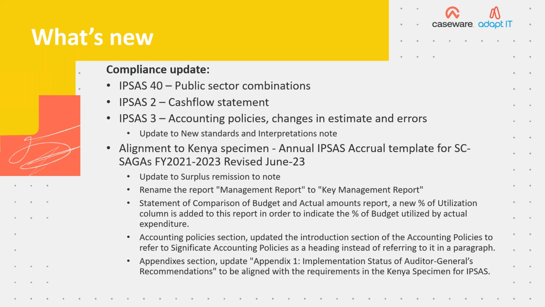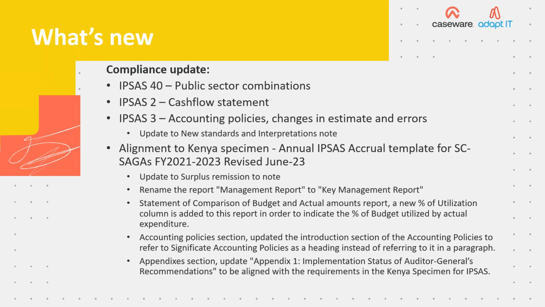But we just aligned our intro to accounting policies to refer rather to the significant accounting policies. Then we also updated the Appendix A1 implementation status of the Auditor General's recommendations. Some of these things you may not do in your country, but they are available for you to use. You can rename them or, if you don't want them, just switch them off.